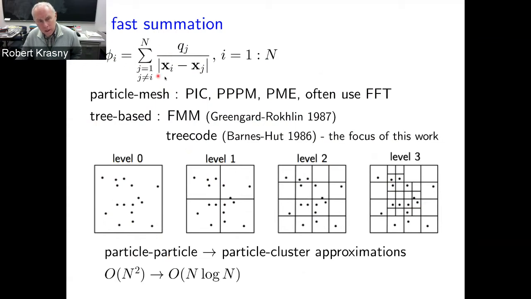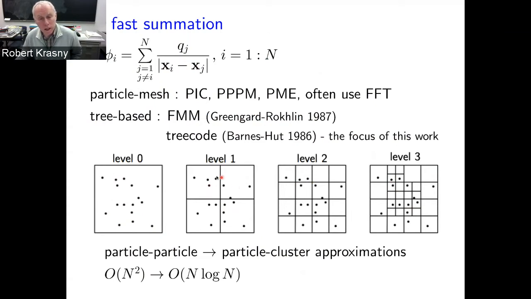I think of this as the interaction between particle xi, which is the target particle, and xj, a source particle. The exact particle-particle interactions are going to get replaced by particle-cluster approximations. For example, this particle over here is well separated from this cluster up here, this cluster over here.